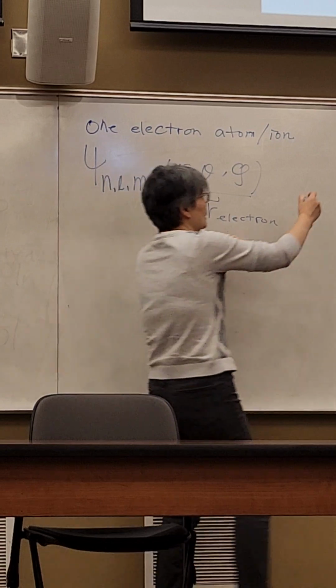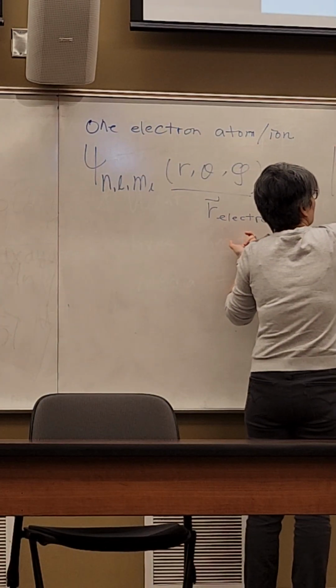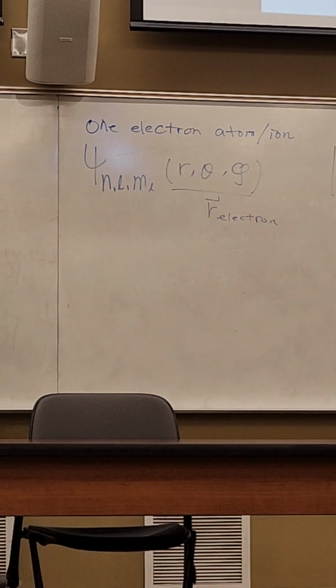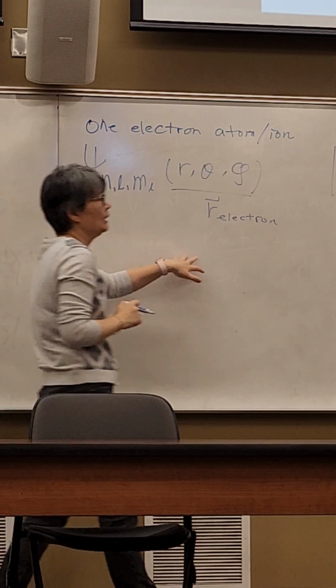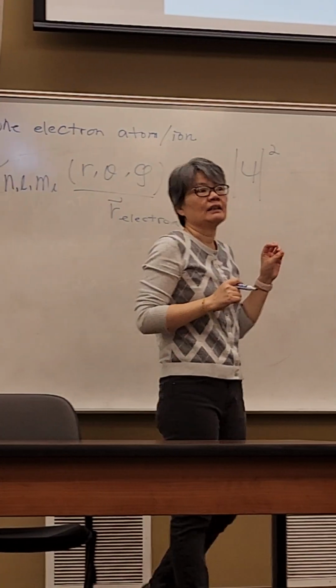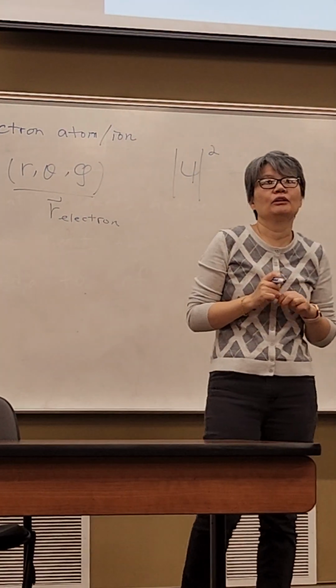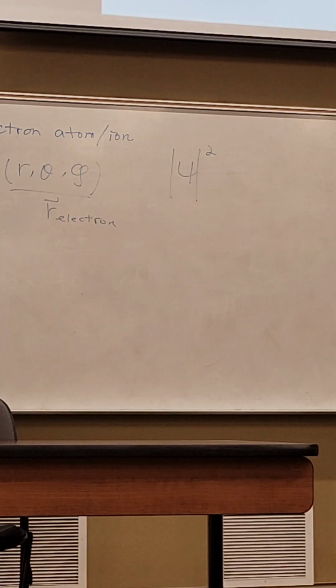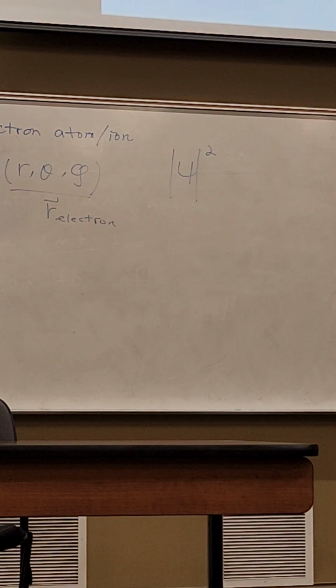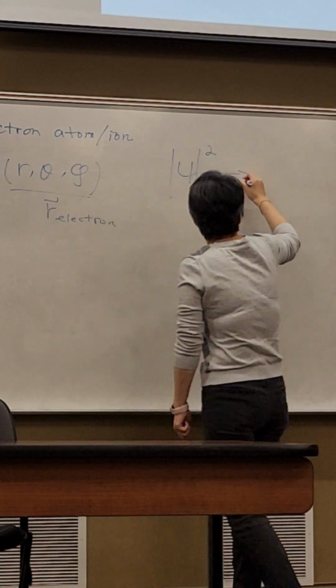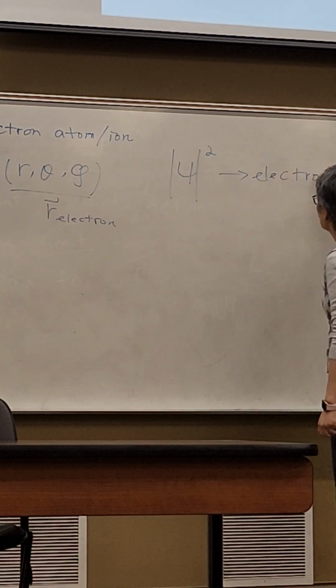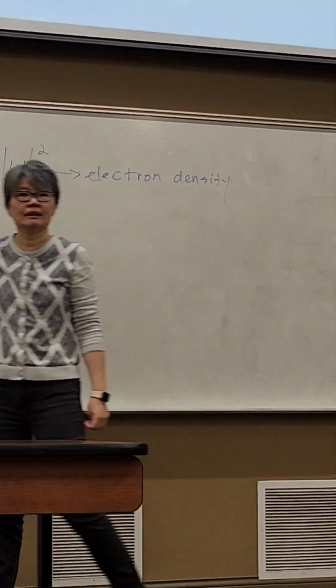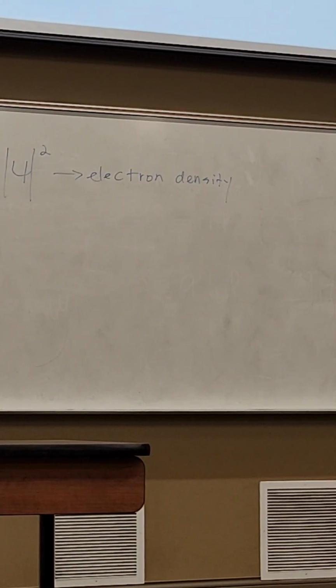If we take the square modulus, the probability density, the system is the electron, so it is the probability density to locate the electron, and that really indicates the electron density, right?